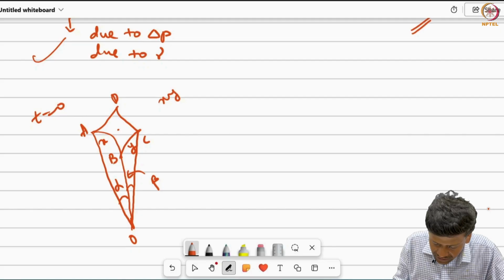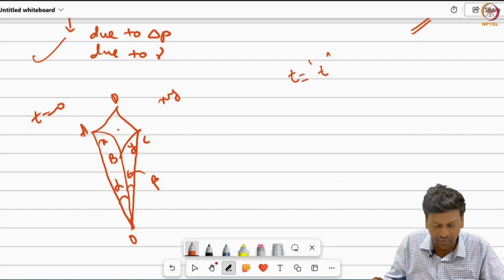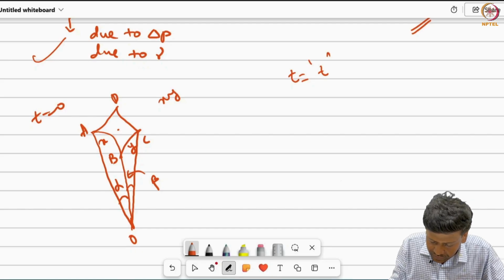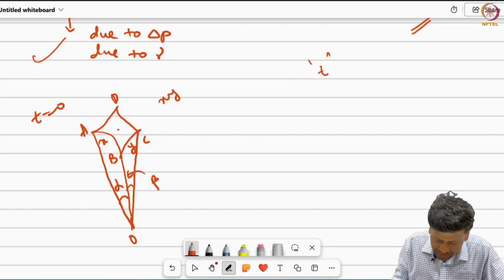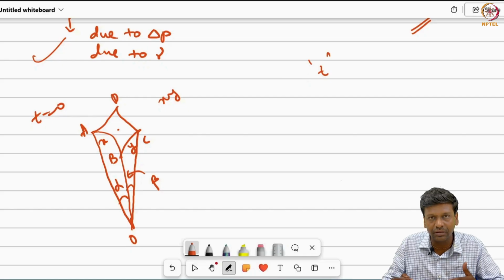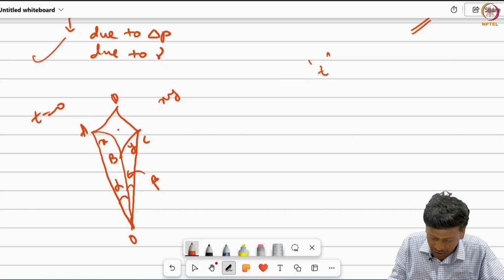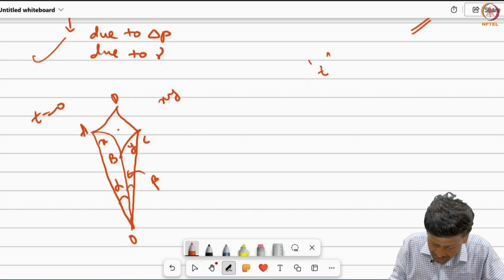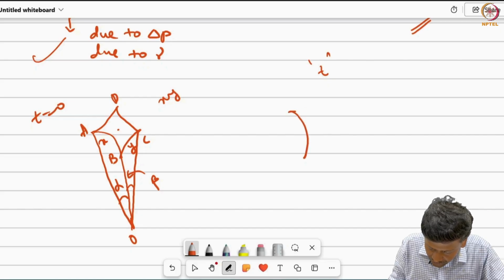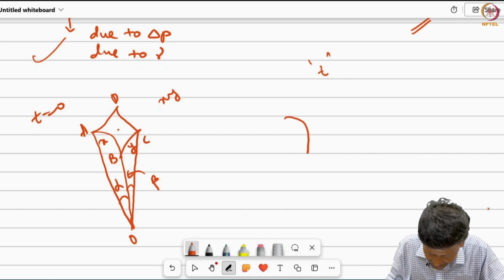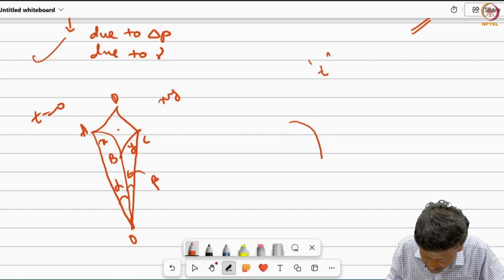So if I consider that after some time t, either you will get a positive curvature or a negative curvature. But let's understand that the curvature that we will get is, let's say, bigger than this. I'm trying to just draw a similar geometry, somewhat bigger than this.